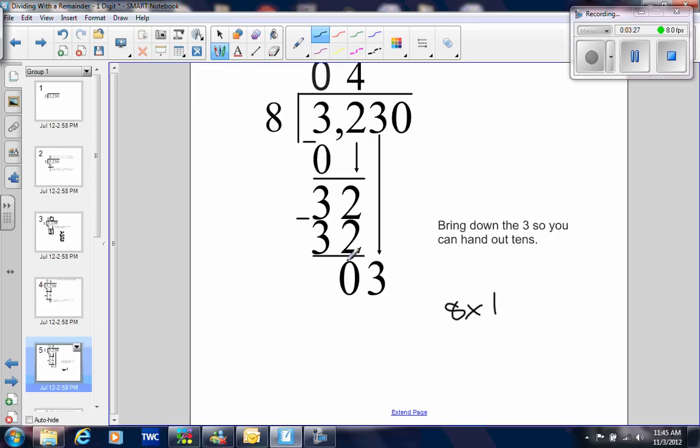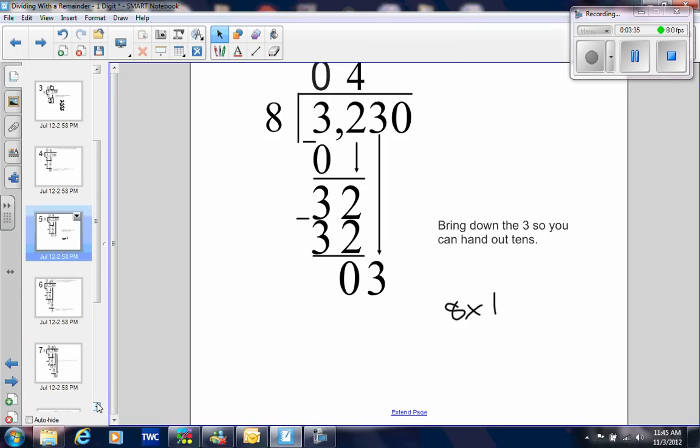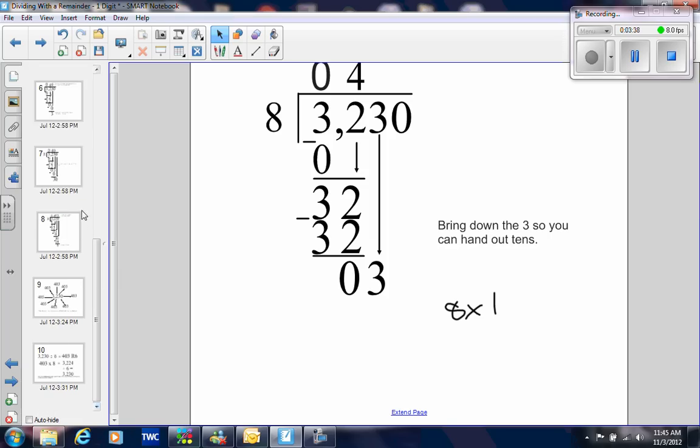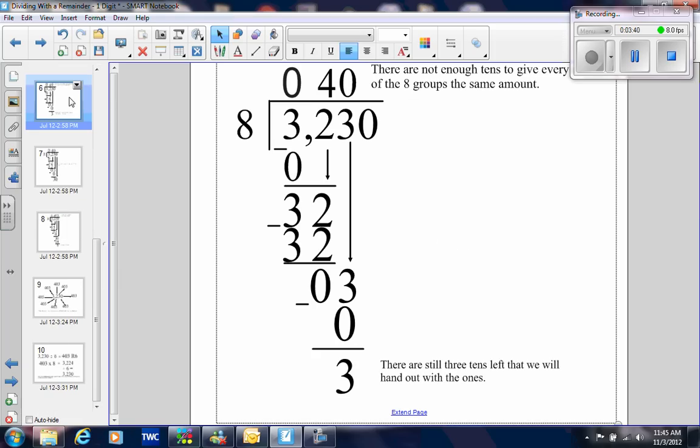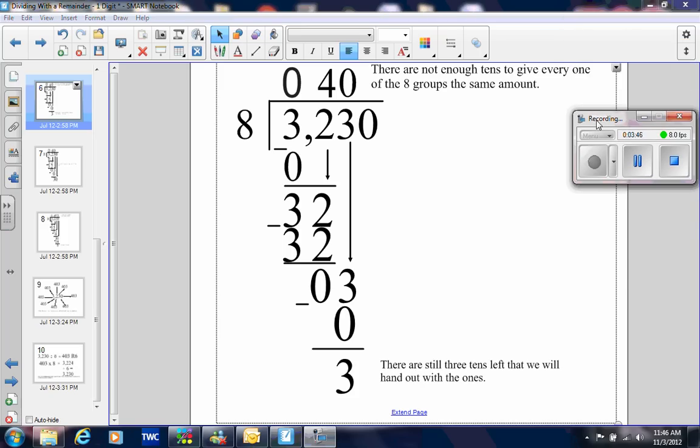So I'm going to end up having a 0 up there. I'm going to be giving 0 tens to each group. There are not enough tens to give every one of the 8 groups the same amount.